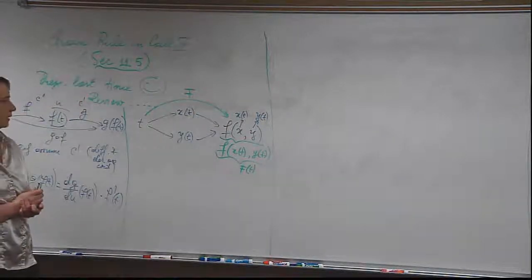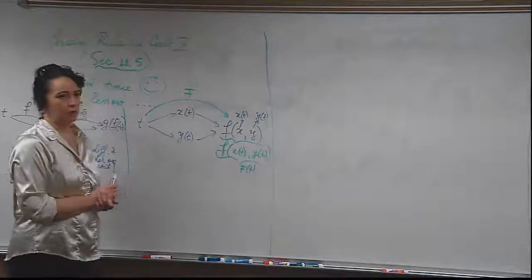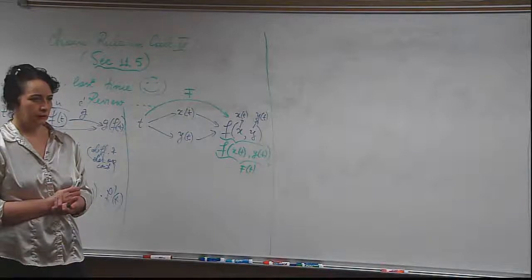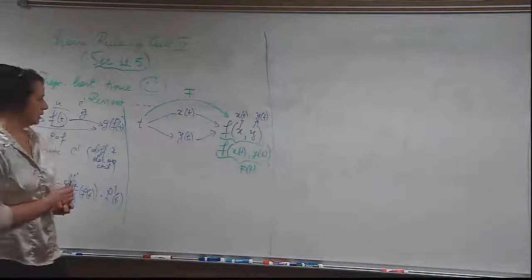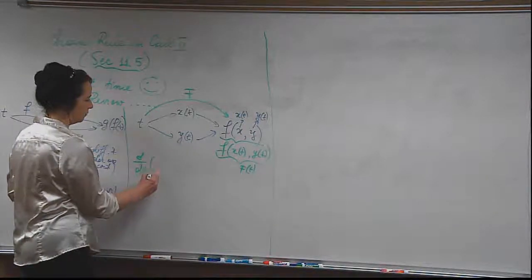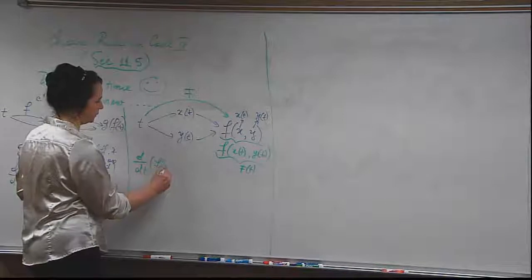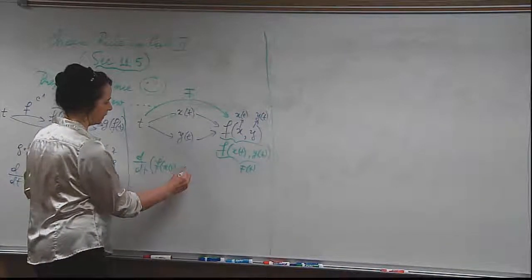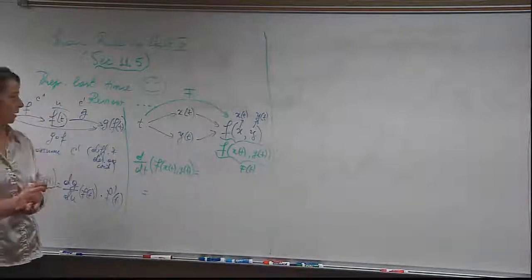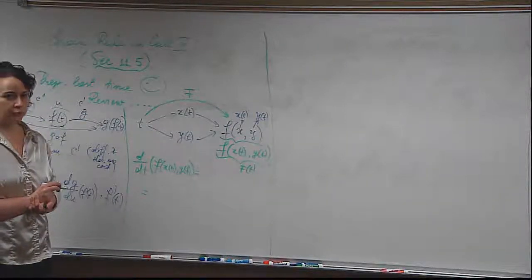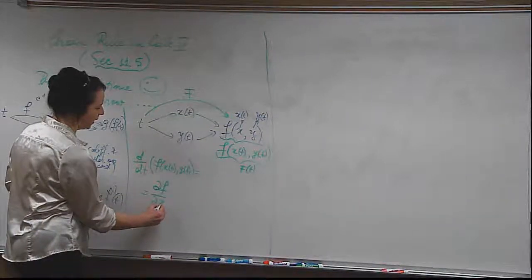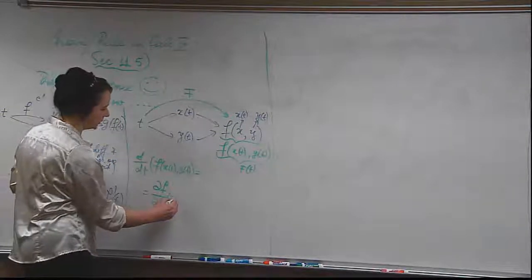Okay? All right, so does anybody remember how this went? Let's see. Well, the derivative with respect to t of this whole thing, f of x of t, y of t, was the partial derivative of f with respect to x evaluated at x of t and y of t.